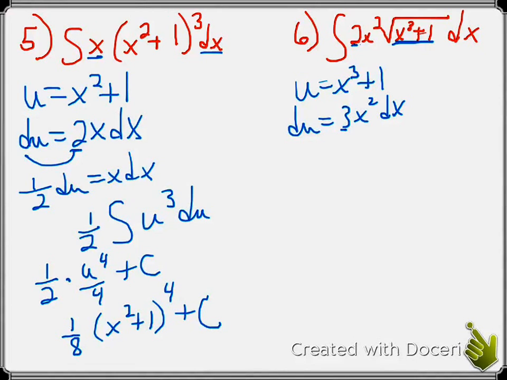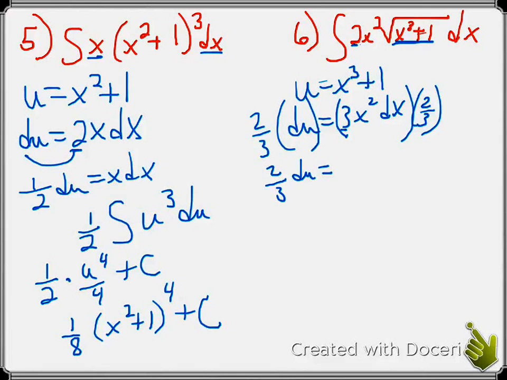I'm going to take this and multiply by 2/3 on both sides. And what that does is this gives me here 2/3 du equals 2/3 times 3 will give me 2x squared dx. Now I have a match here.